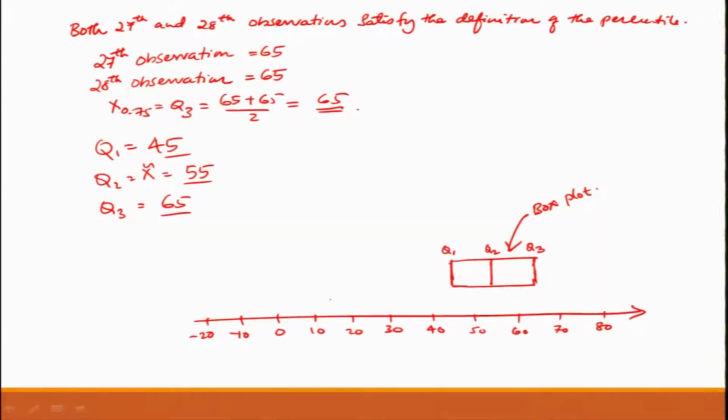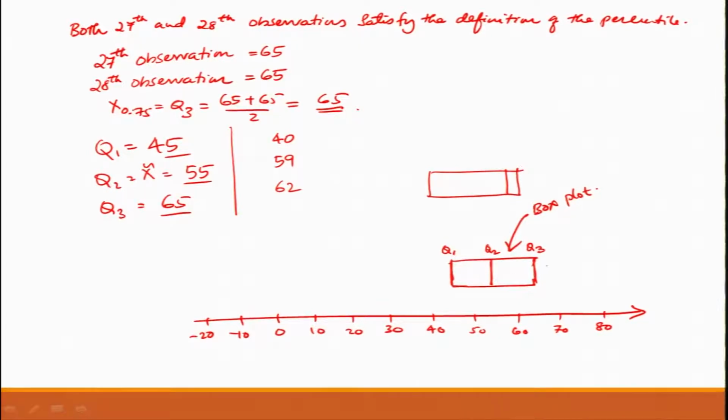Assume that on a scale like this, instead of this, the values happen to be 40, 59 and 62. Then the box would be something like 40 here, 59 close to 60, and the other one is 62, which will be close here, and you will have a box like this.